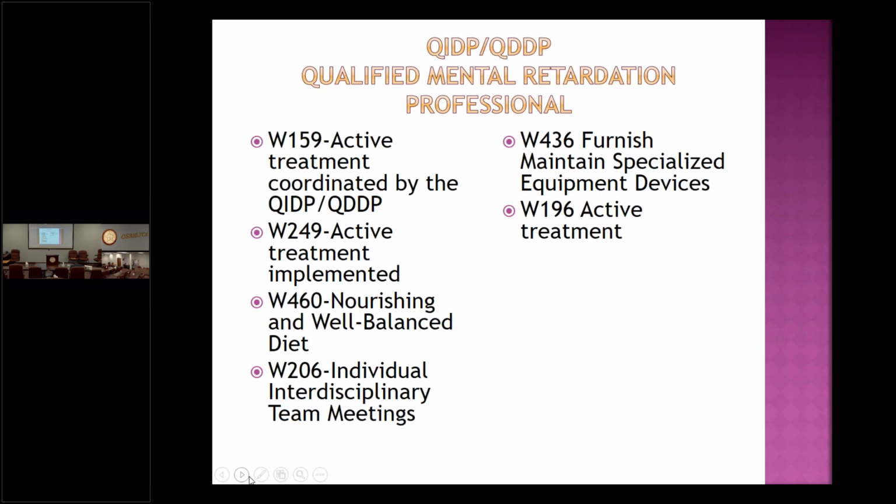So we have to make sure that they have a goal on money management, on medication, on cooking, recreation. If they have behaviors, we have to have some written format of how to deal with that situation. And also if they go to vocational or outside employment, we have to address that. And then there has to be something that addresses their adaptive equipment. It could be caring for their eyeglasses, their hearing aid, their dentures, just something implemented.